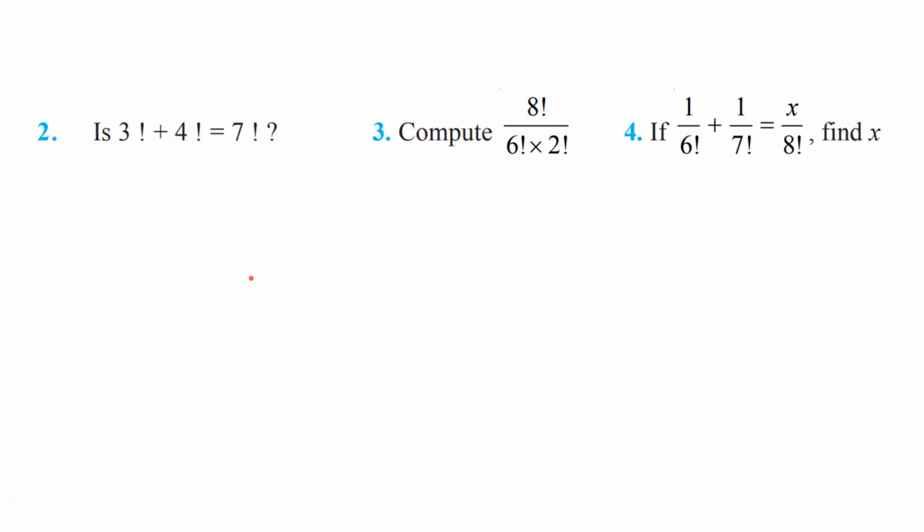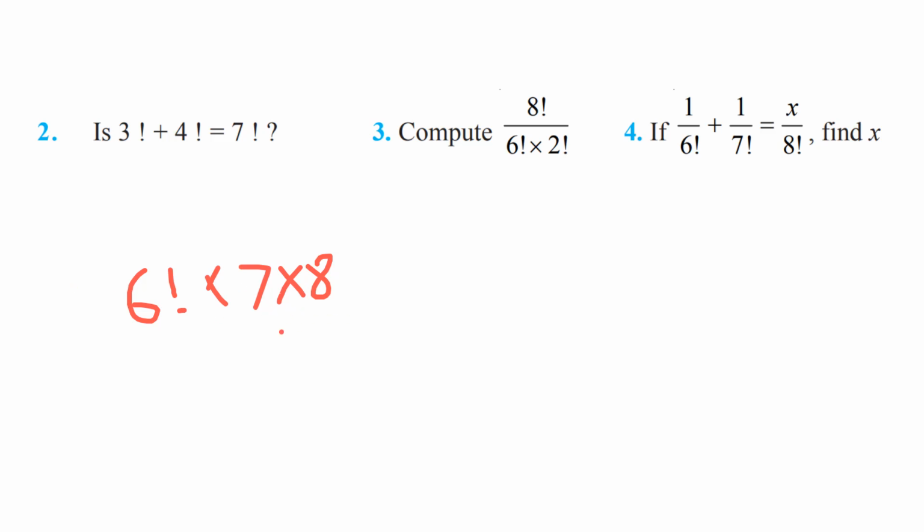Here 8 factorial can be written like this: 6 factorial multiply 7 multiply 8, because the left part of 8 factorial we summarize and write 6 factorial, and then 7 multiply 8.